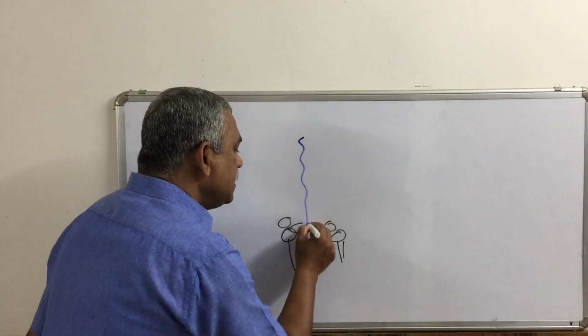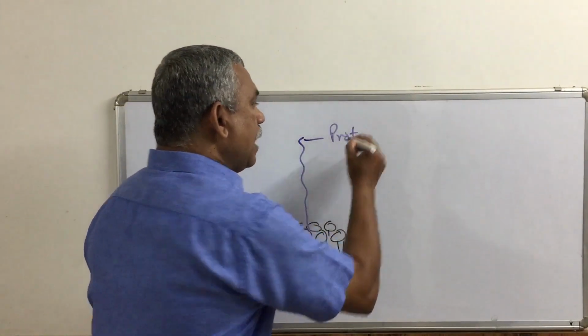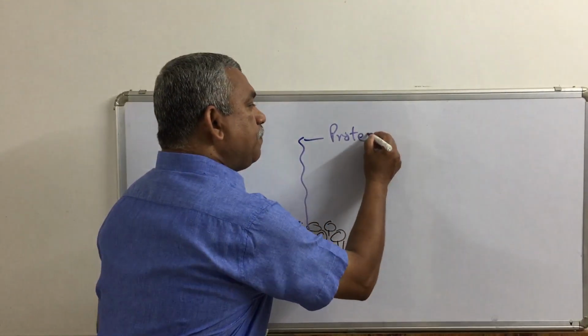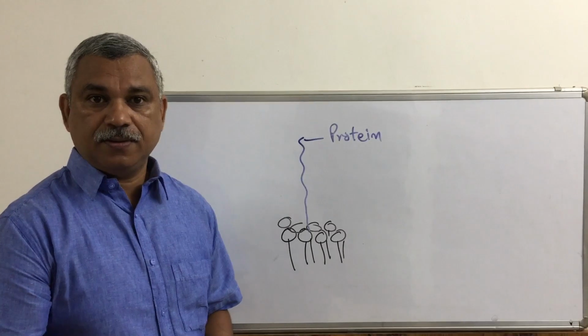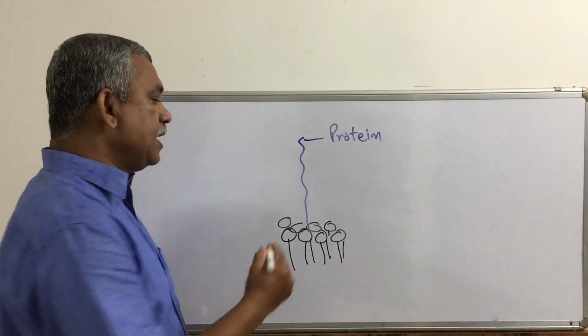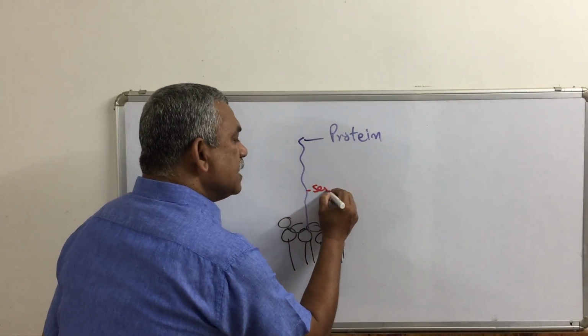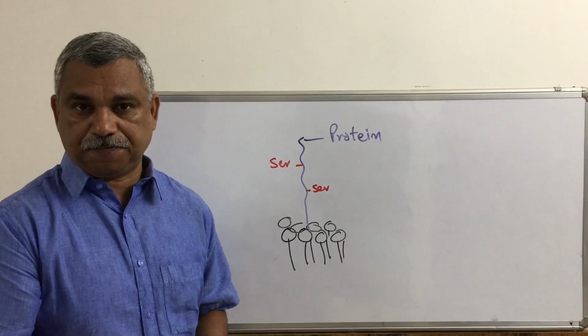So this will be the central core of the protein. And as we know, the protein cannot be a branched structure. But carbohydrates can get attached to protein, especially wherever there are serine residues.